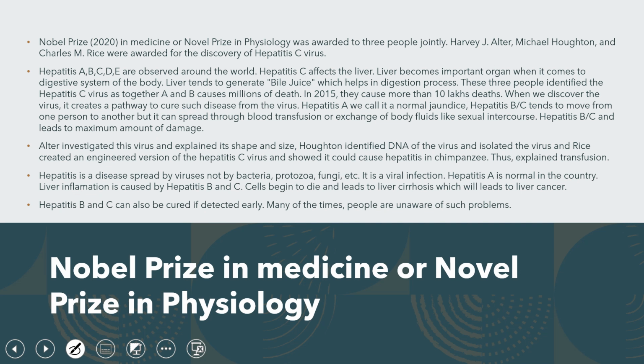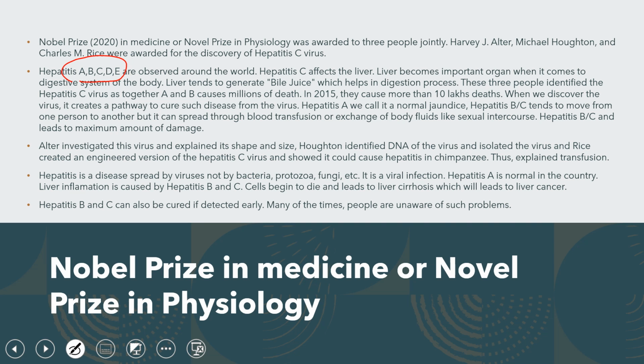Okay, so moving ahead, the Nobel Prize in medicine or physiology of this year. There are 5 kinds of hepatitis: A, B, C, D and E. This year the Nobel Prize was awarded to 3 people jointly.